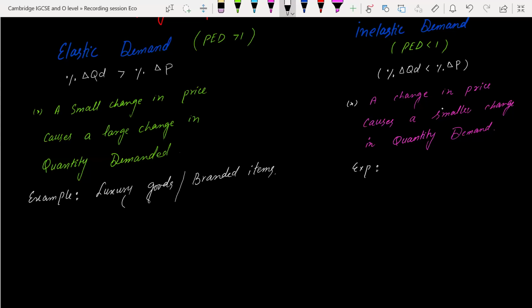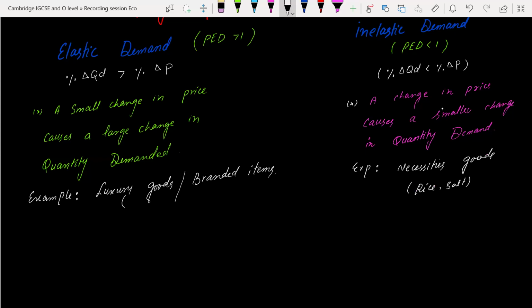If the price increases 50%, demand will fall by only a little. And it will be only for necessities goods, like rice, wheat, and salt.